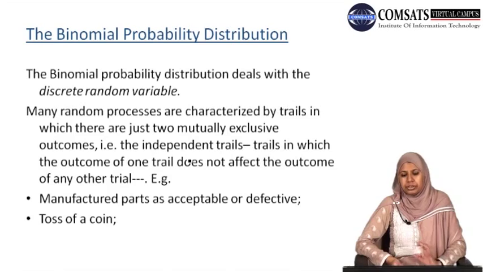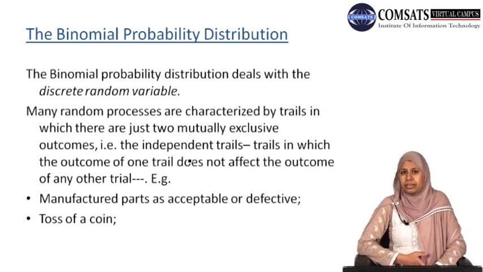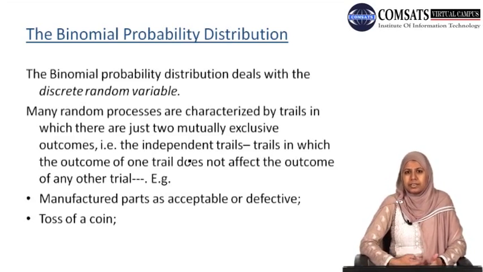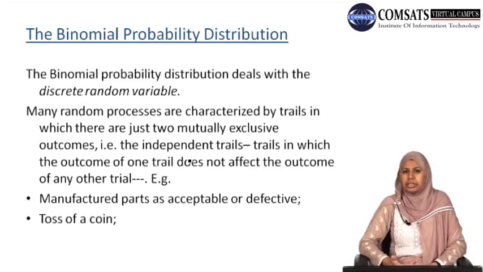You may confuse mutually exclusive trials with independent trials, but we are considering independent trials, that is, trials in which the outcome of one trial does not affect the outcome of any other trial. Further, the outcomes can be of only two types, that is, there are only two possibilities, and these two possibilities have nothing in common.